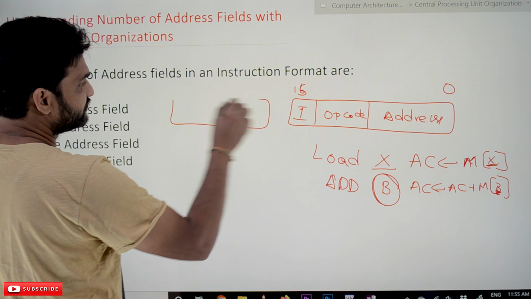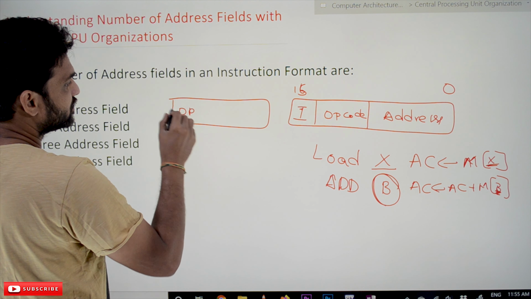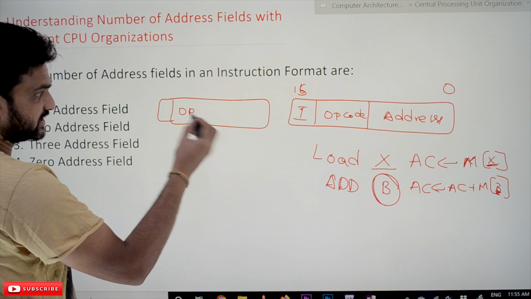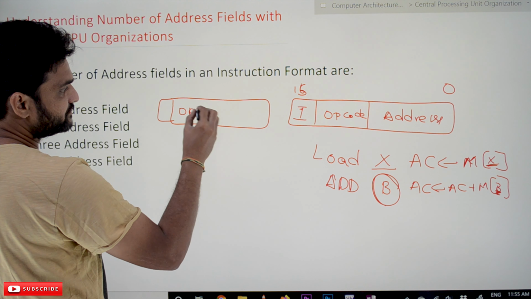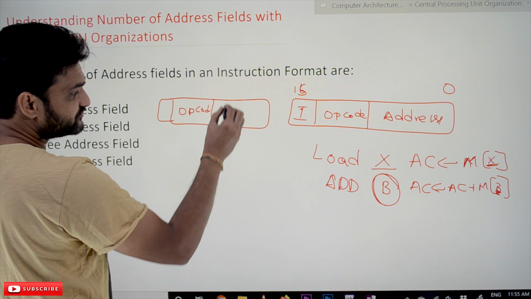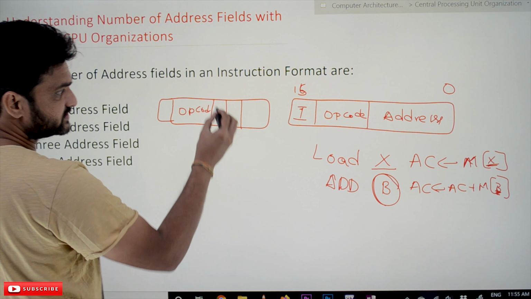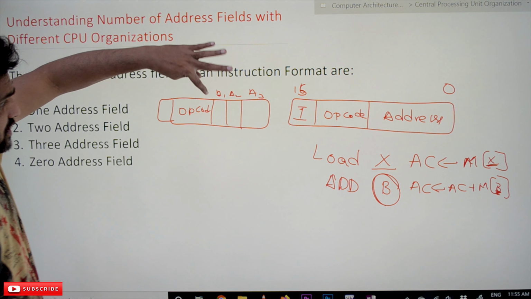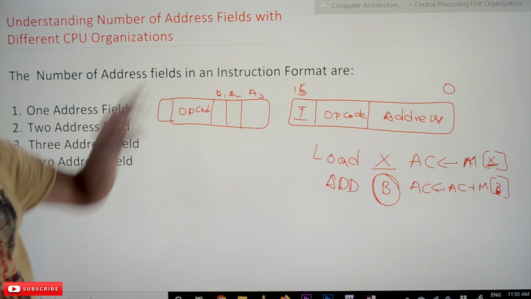The instruction format has the address mode bit I, the opcode, and the address fields, which are going to be three addresses: address field 1, address field 2, and address field 3.